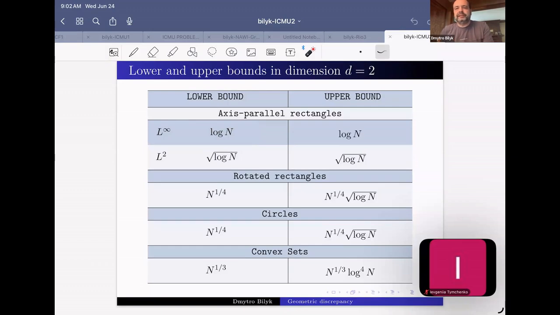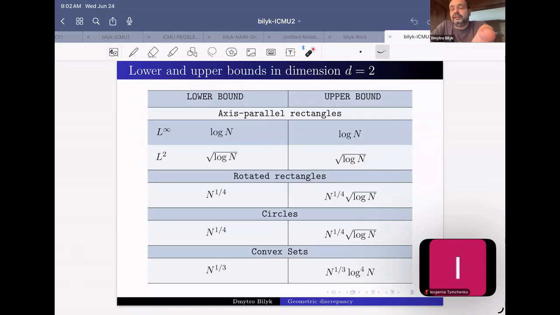You can, of course, define discrepancy with respect to other families of sets. If you don't restrict yourself to axis parallel rectangles, you can consider rectangles rotated in all directions. So instead of taking rectangles just like this, you also consider rectangles of this type, in any possible direction.